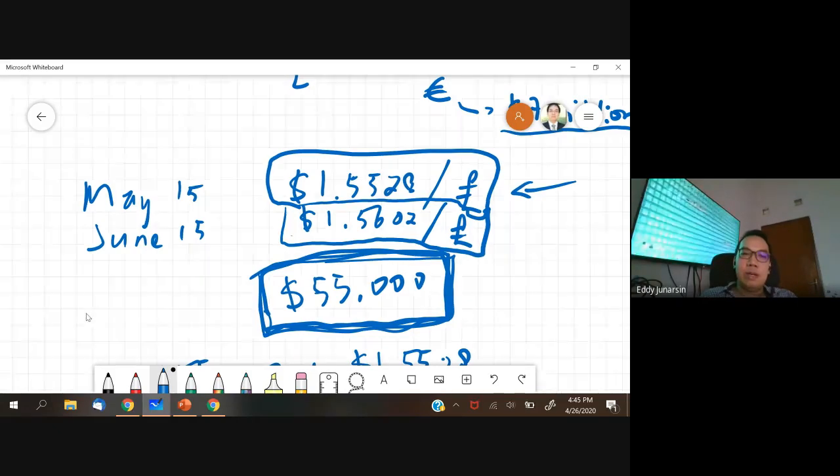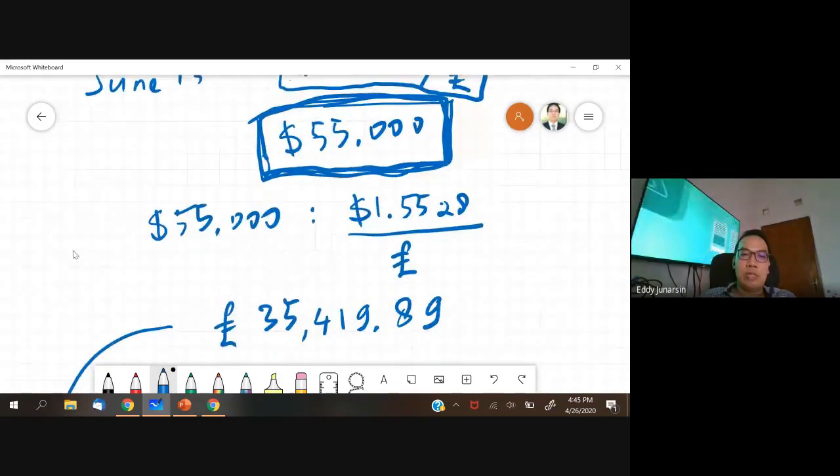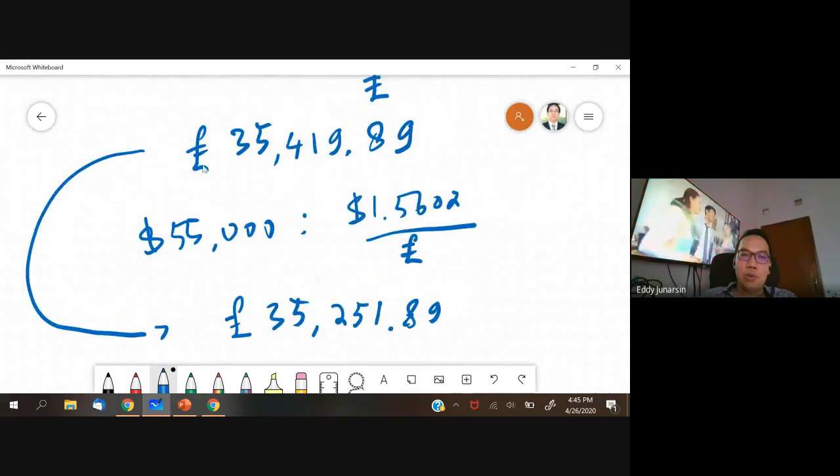So UK pound has appreciated in value relative to US dollar. So you see the cost of the Buick actually decreased in UK pound, from 35,419 to 35,251.